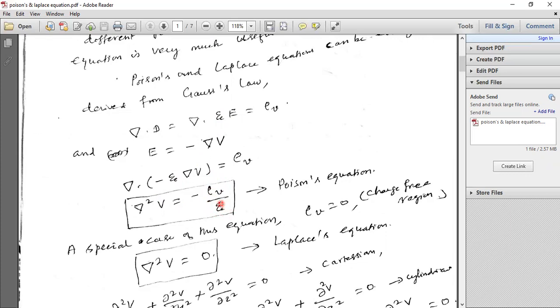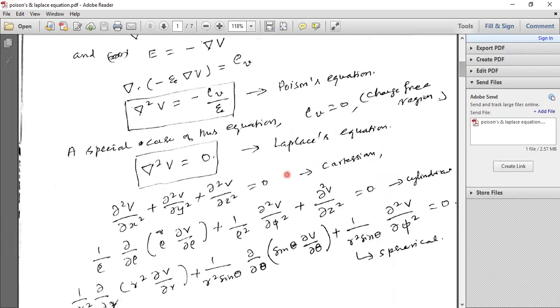Suppose the charge density is 0, that is, a charge-free region, free space. For that case, del square V equals 0, which is called the Laplace equation.